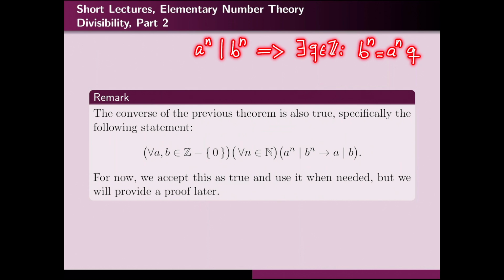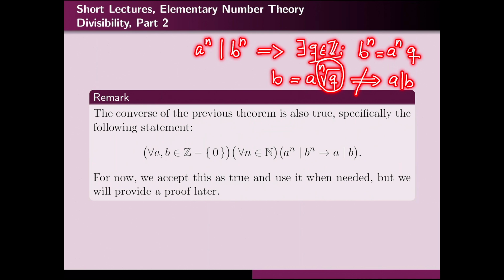But now I want to conclude something about a and b, so this motivates me to take the nth root from both sides. So far so good. The left hand side becomes b, the right hand side becomes a times the nth root of q. So here I cannot conclude that a divides b. That's important to understand. Why? Because there is no guarantee that this number is an integer even if q is an integer.